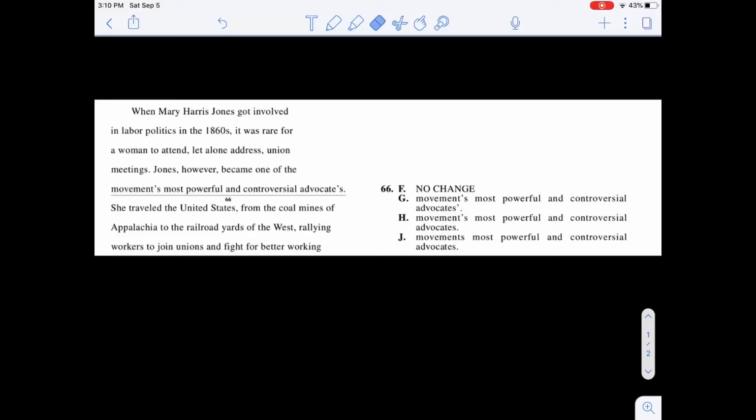All right, before we get into our first example, one thing I'd like to add. We said apostrophes can be used with possessives, but they can also be used to indicate that you have more than one of something, or to indicate a plural. But very rarely can you use an apostrophe in this way. The only two ways you can use it to do that is if you're talking about a number or a letter in the alphabet.